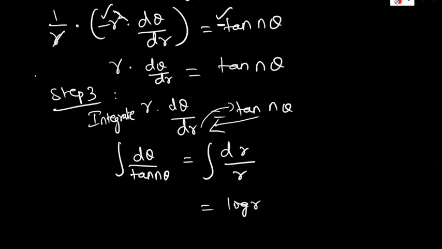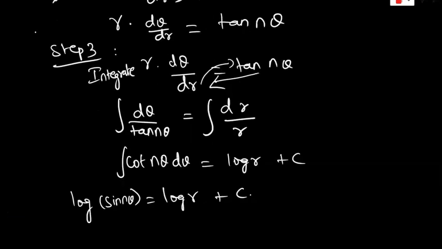And what is the integral of cot n theta d theta? Because 1 by tan is cot. And the integration of cot n theta is log of sine n theta, and then that n theta constant is there. It will come to the denominator.